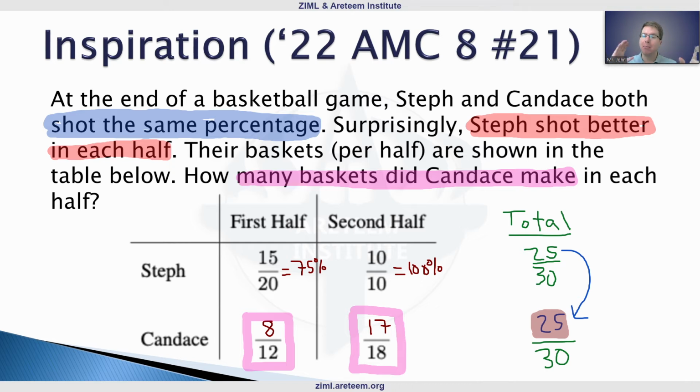There's this imbalance where Steph shot more shots in the first half, Candace more in the second half. And then some interesting things go on with these percentages. But in total, they ended the game with the same exact percentage. In fact, the same exact number in total as well.